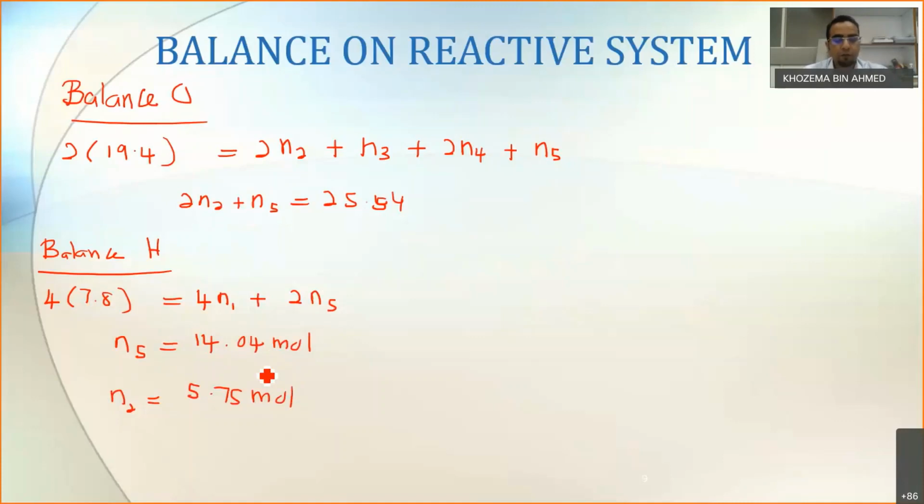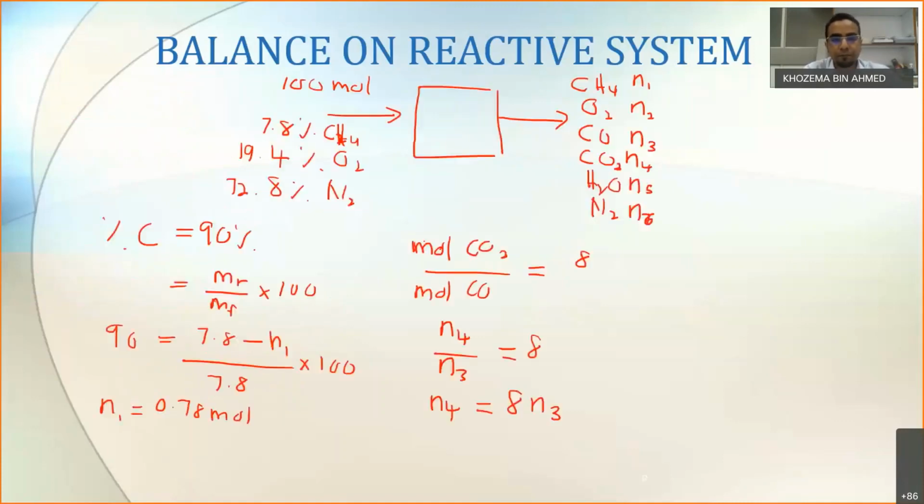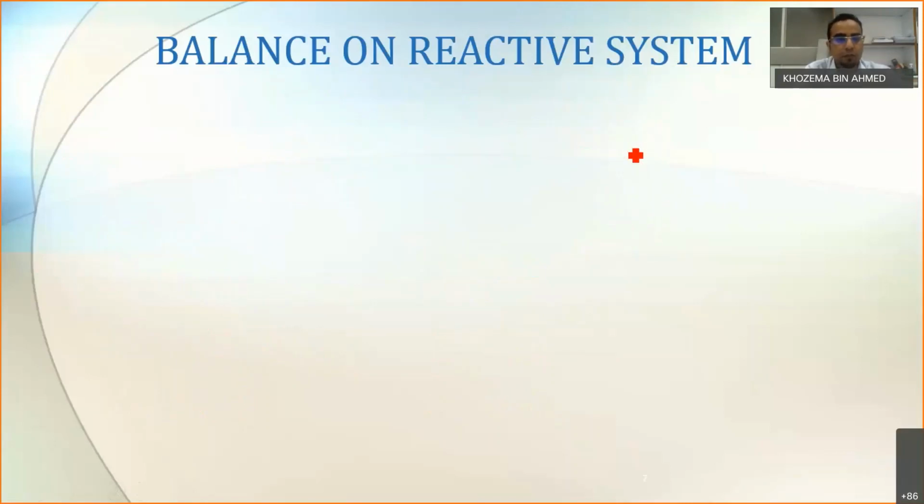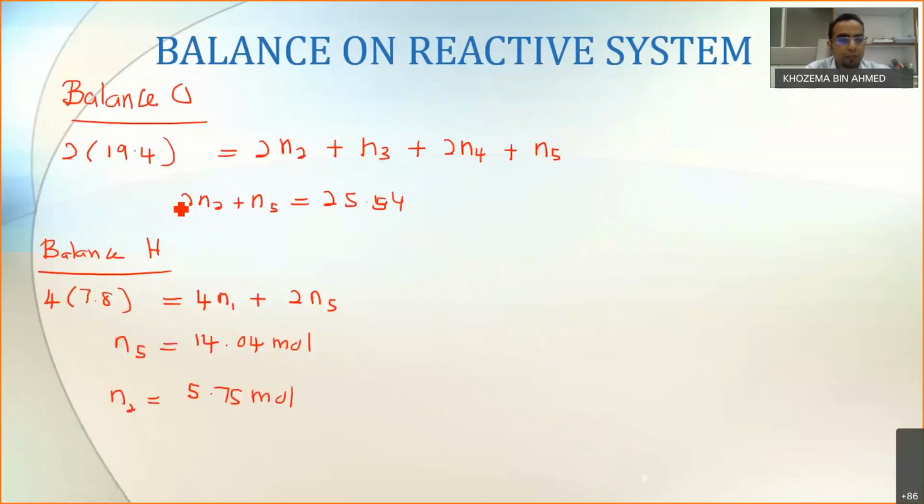Okay, so if we go back to our flowchart, I've gotten the value of N1, N2, N3, N4, N5. The only one left is N6 for my nitrogen. If you do a balance on nitrogen, we know that nitrogen gas is inert. If it's inert, input is going to be equal to output.